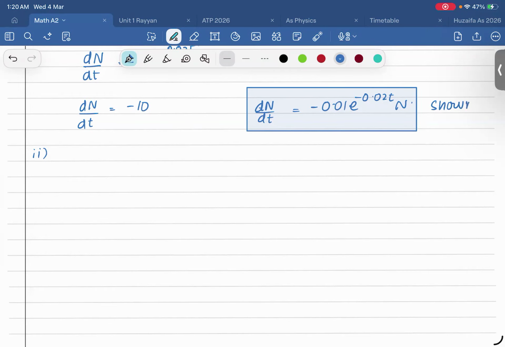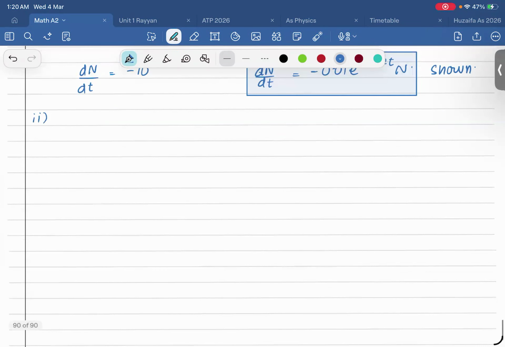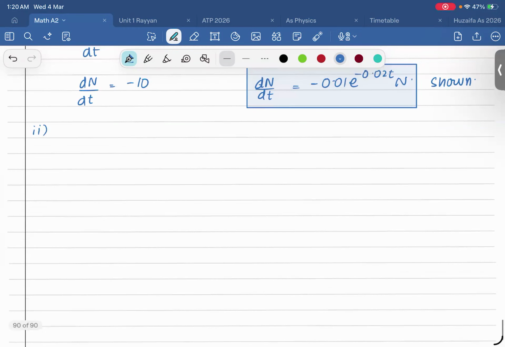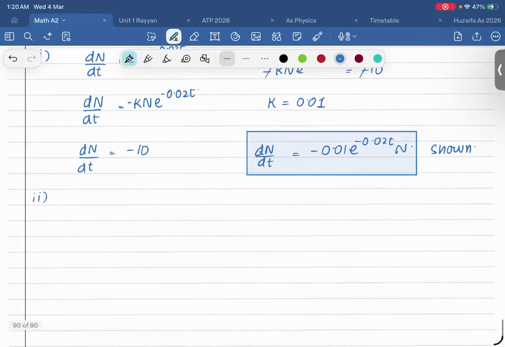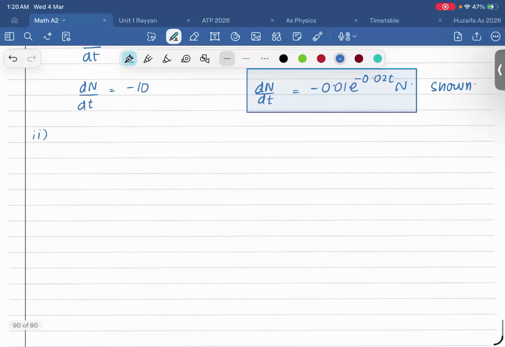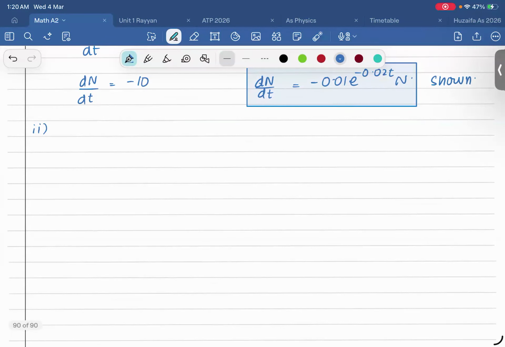Now the second part says to solve the differential equation. When you solve, you first have to separate the variables. So take n there, and 0.01 e to the power 0.02 t with a negative sign, and we have dt and the integration symbol.